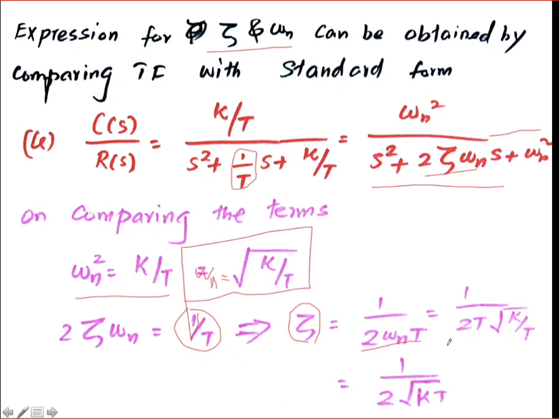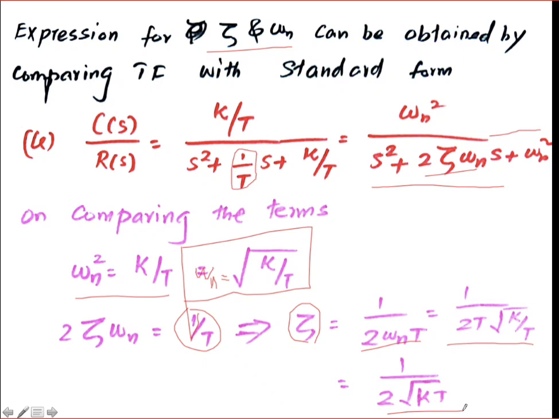You will get 1 divided by 2 T square root of k by T. So you can cancel this T, and you will get zeta is equal to 1 divided by 2 square root of kT.